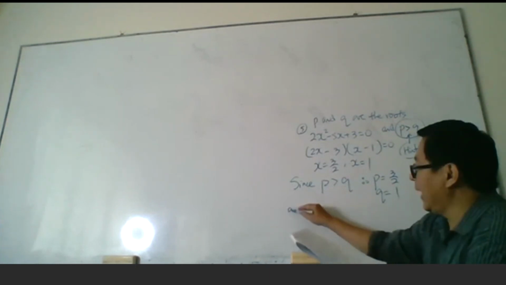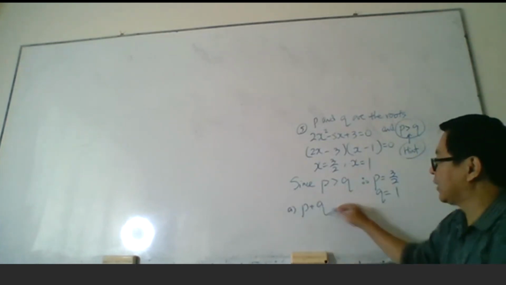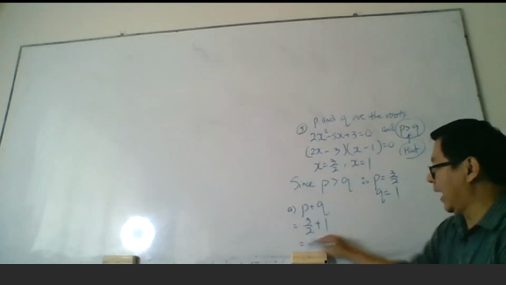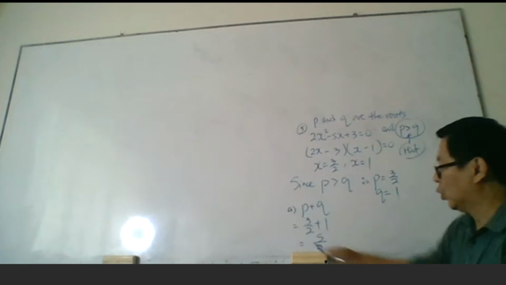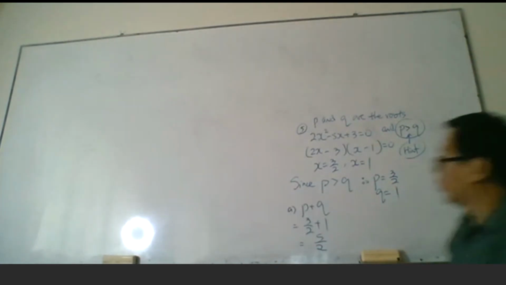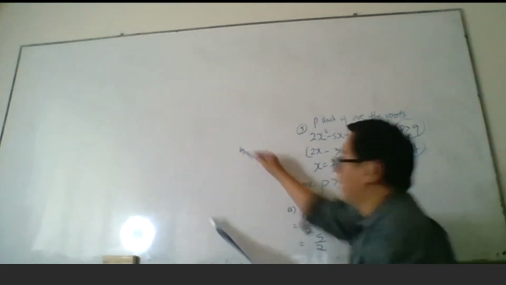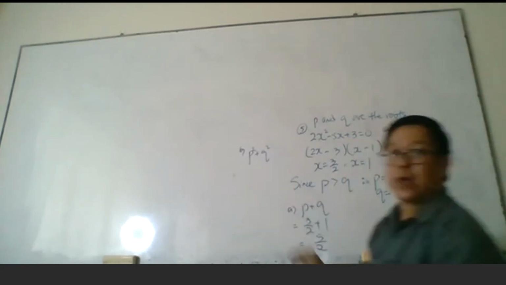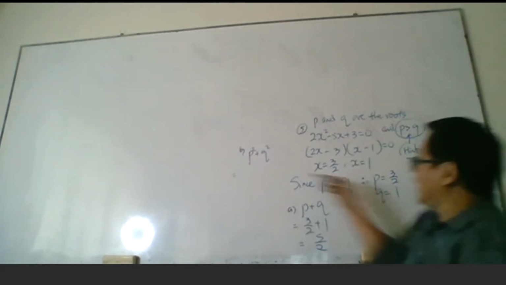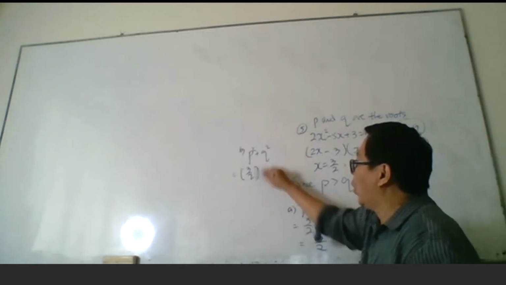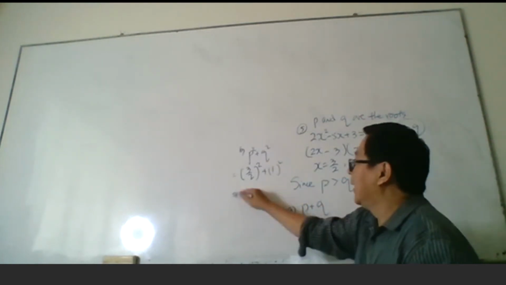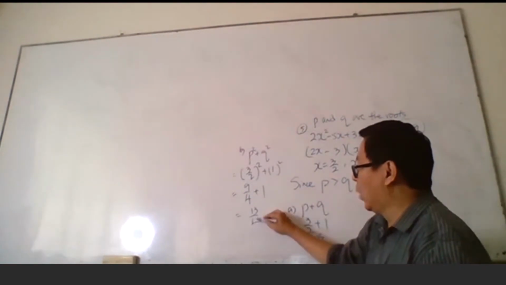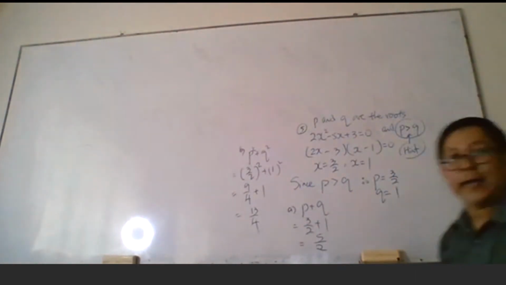For A, they ask you to find P plus Q. We use 3 over 2 plus 1, then you get 5 over 2. What about B? B is P squared plus Q squared. So just change the number for P: 3 over 2 squared plus 1 squared. Then 9 over 4 plus 1, so you get 13 over 4. So you got that?